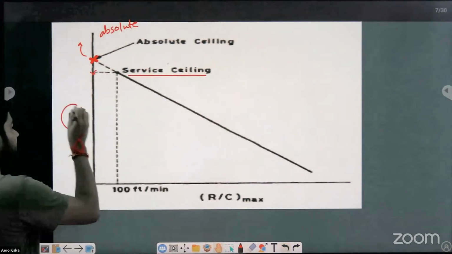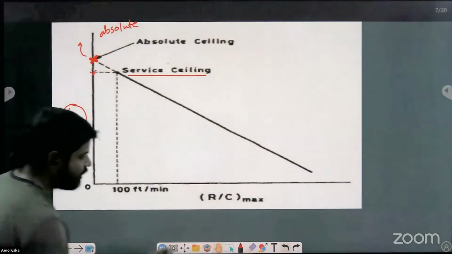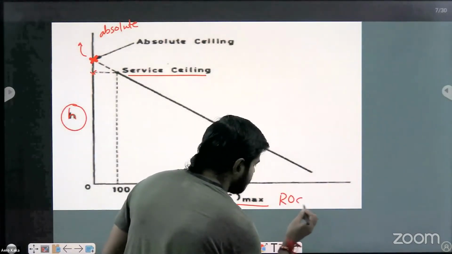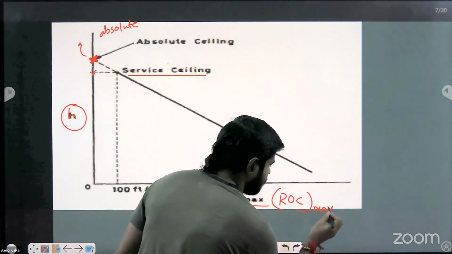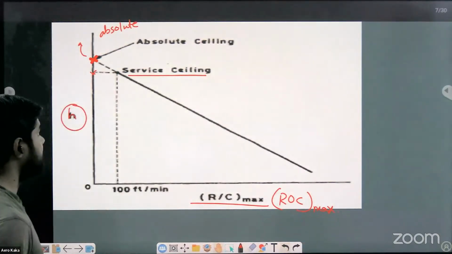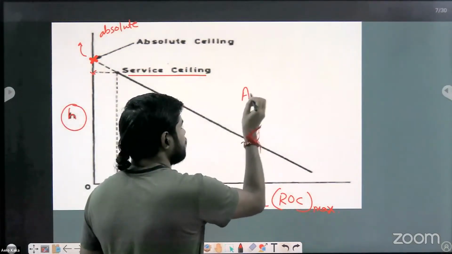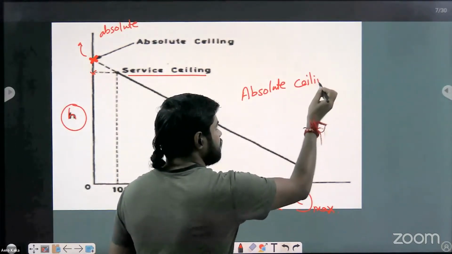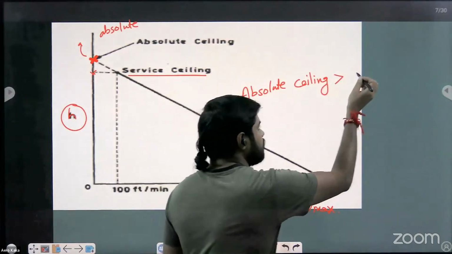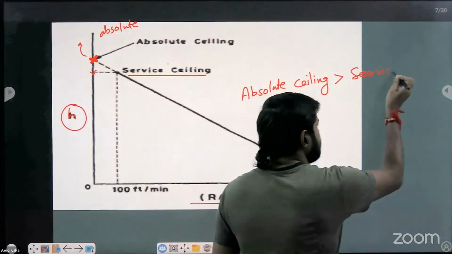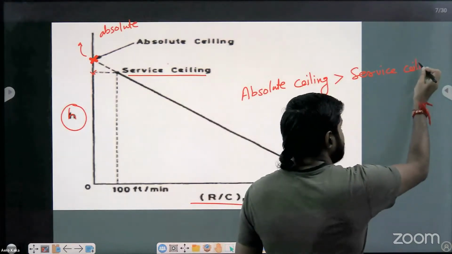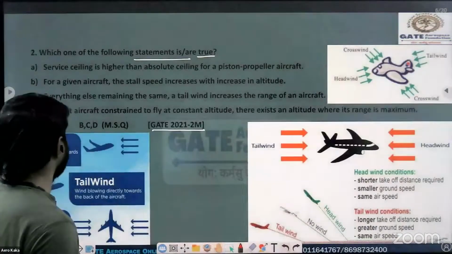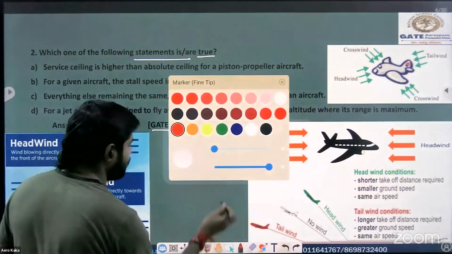Here this is h, which is altitude. Here this is ROC max, meaning rate of climb, right? So your first option is incorrect.